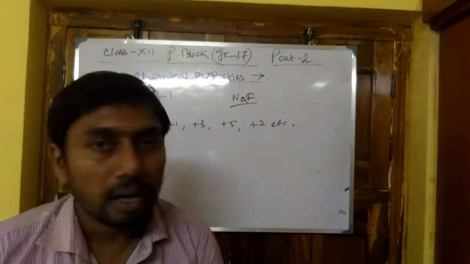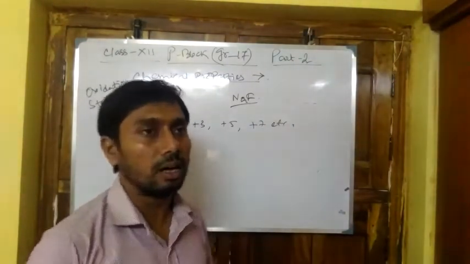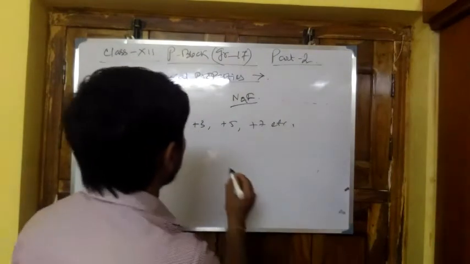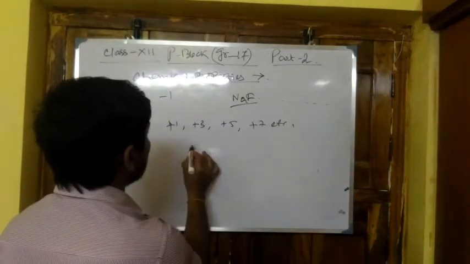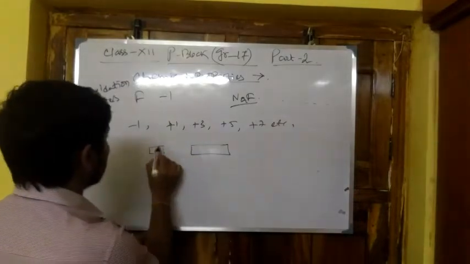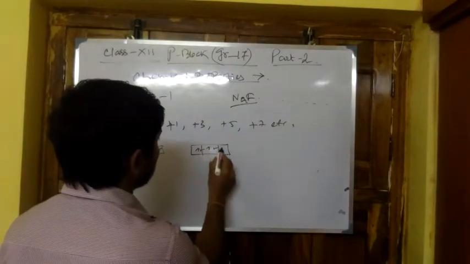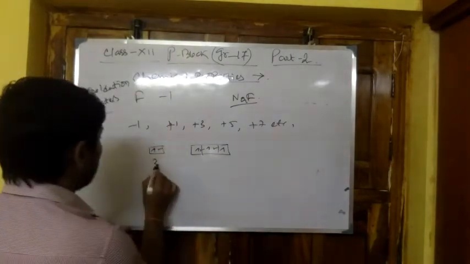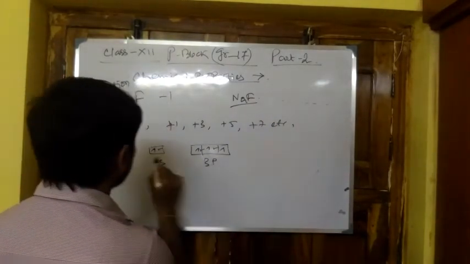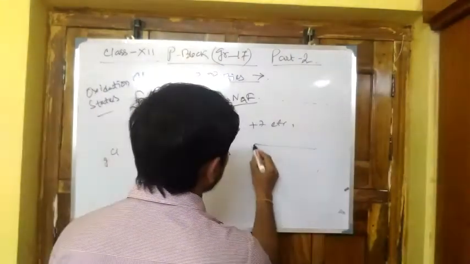Now chlorine, as it has the d orbital, can increase its oxidation state. Suppose we draw the 3s and 3p of chlorine in the ground state, and 3d is vacant.